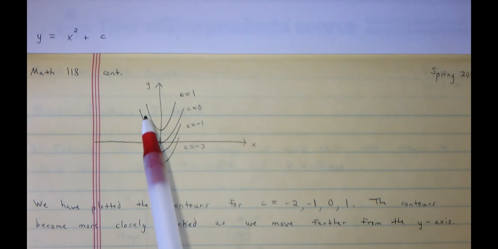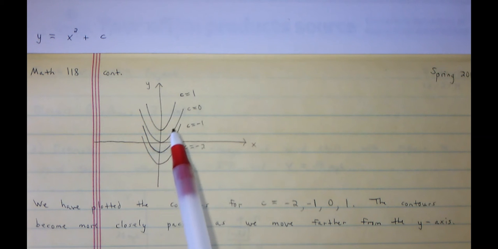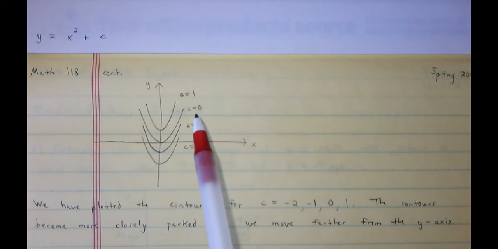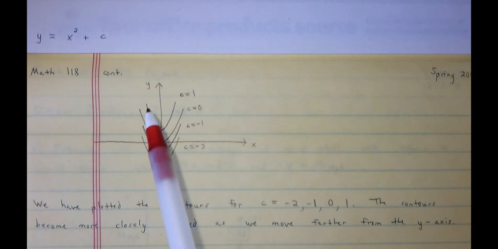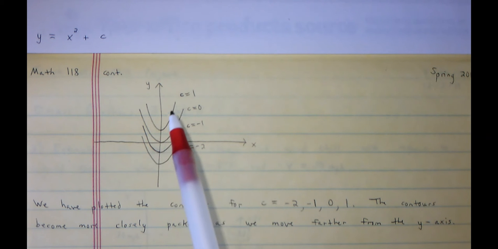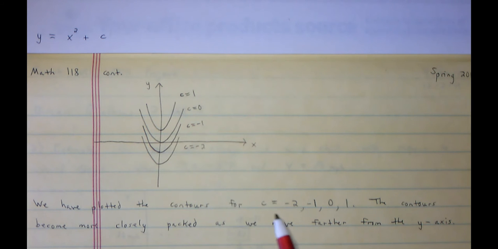So I could label this curve the c equals 0 contour. And then I'll choose a different value for c, say c equals 1. We'd have x squared plus 1, which is this parabola shifted up 1 unit, so I'll label that the c equals 1 contour. And the other values of c I'll choose are -2 and -1, giving me these contours.